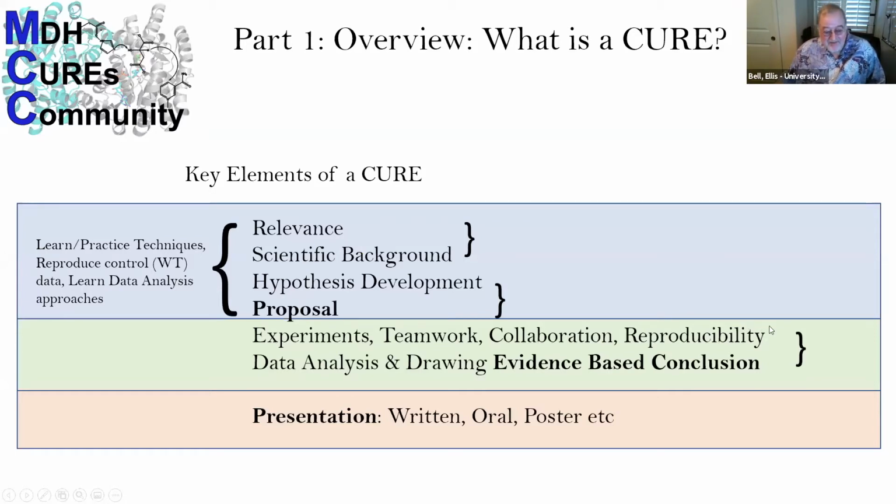I always try to emphasize reproducibility. Towards the latter part of the semester, I ask the students to pick the experiment they've done so far that they think is the most important with respect to their hypothesis, and reproduce it, so that they're always thinking about reproducibility as well. And then, of course, as we talked about, data analysis and drawing evidence-based conclusions.